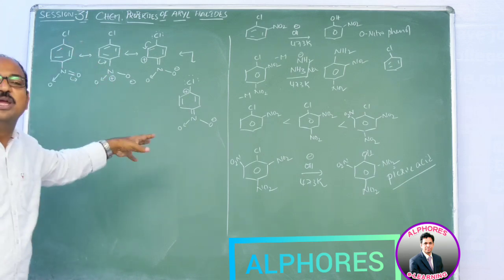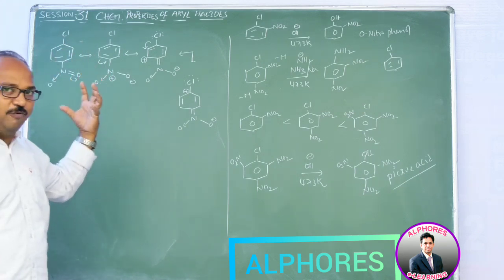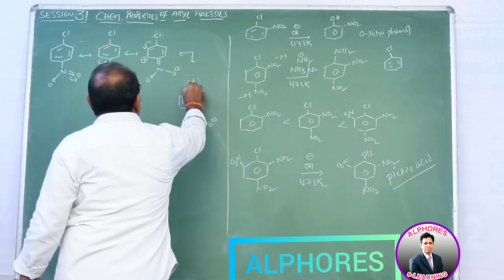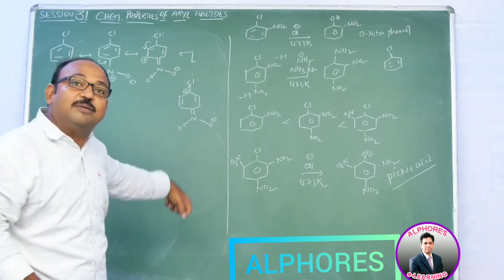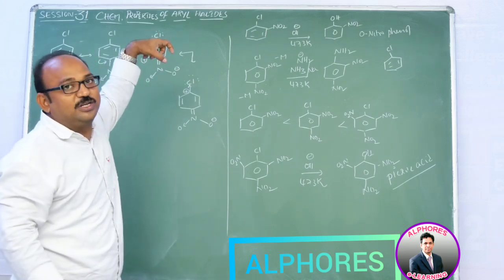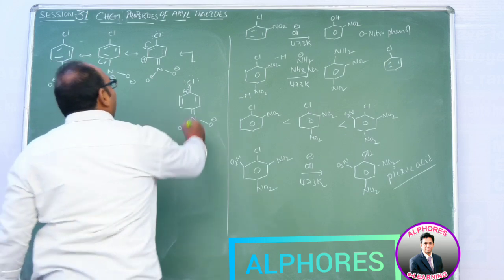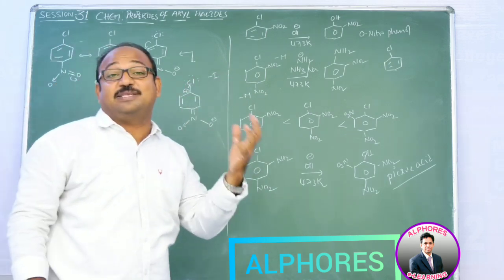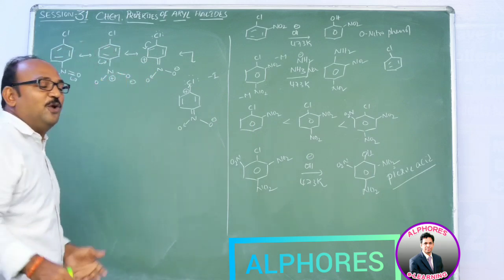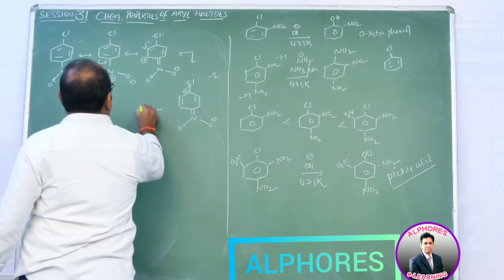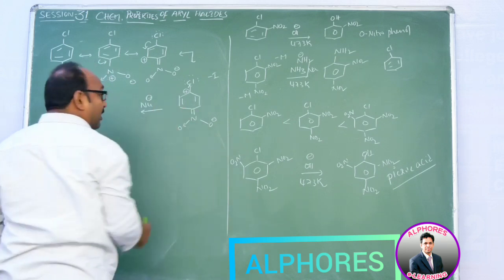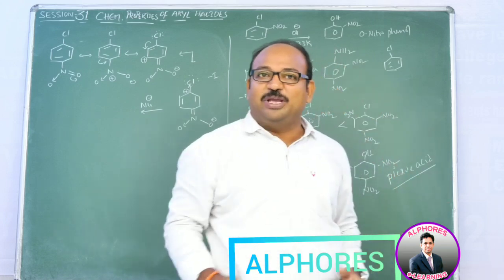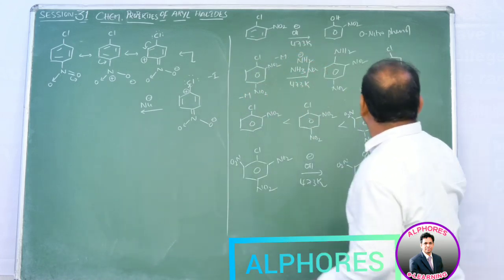Whenever the NO2 group, a strong electron withdrawing group, is present, this chlorine also says that it can pull its sigma bond electrons towards itself. In other words, this chlorine shows only the minus I effect rather than plus M. Now if any nucleophile comes and approaches the ring, consider chlorobenzene, where only chlorine is there.